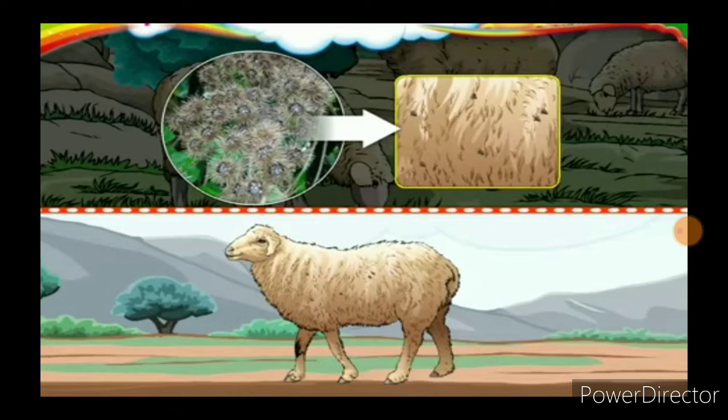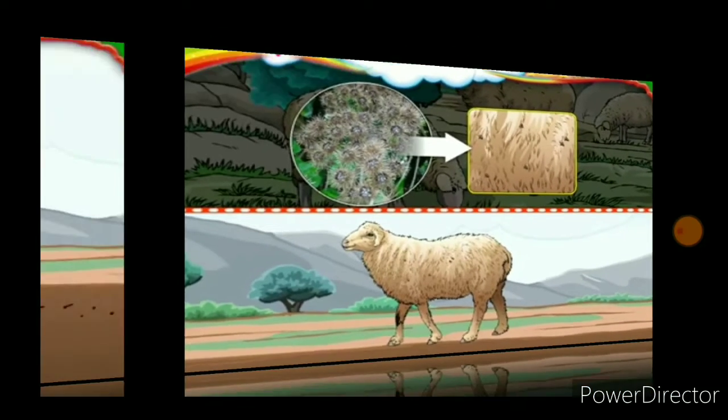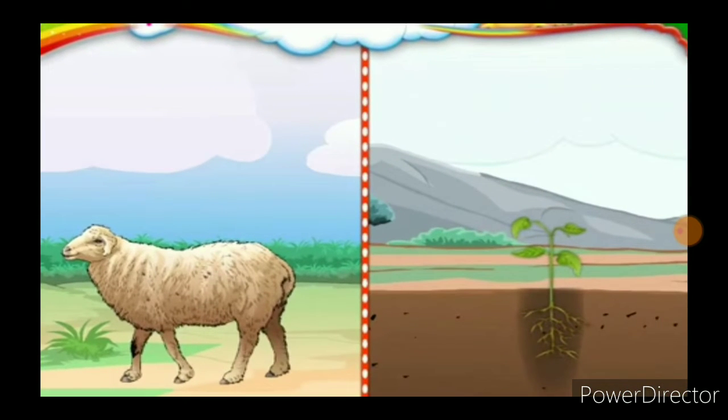After getting caught, when the sheep moves from one place to another place, the seeds start falling on the ground. When such seeds receive sunlight, air and water, a new plant starts growing in that place. In this way, sheep helps a plant and the plant helps the sheep.